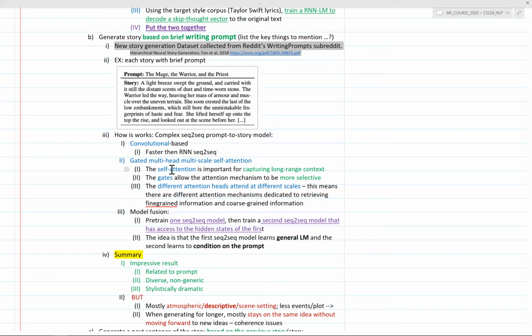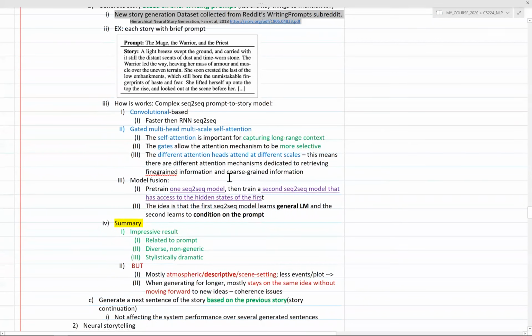The gates allow the attention mechanism to be more selective, and different attention heads attend at different scales, so that we can retain information at different scales.